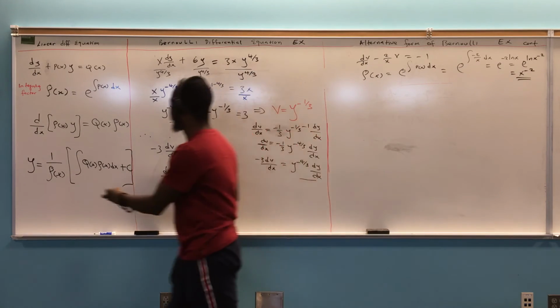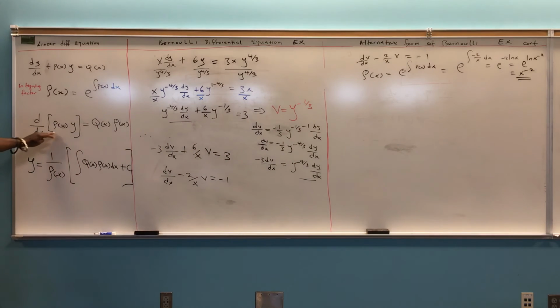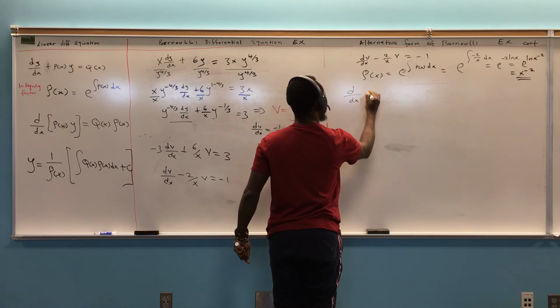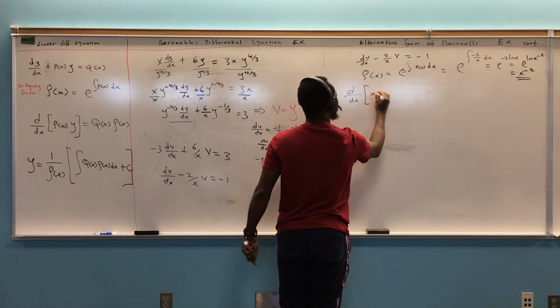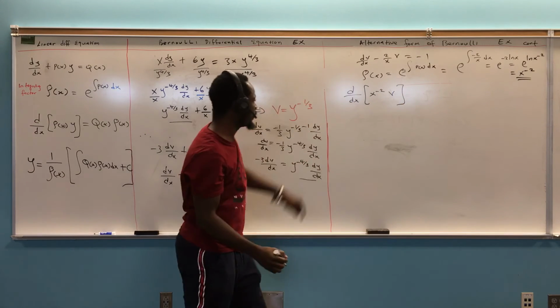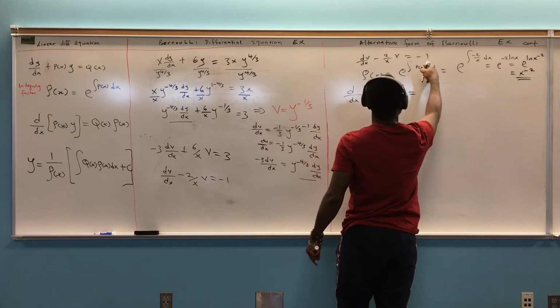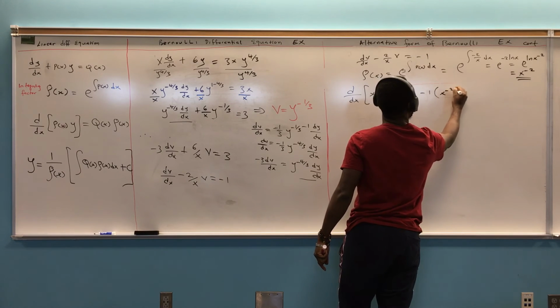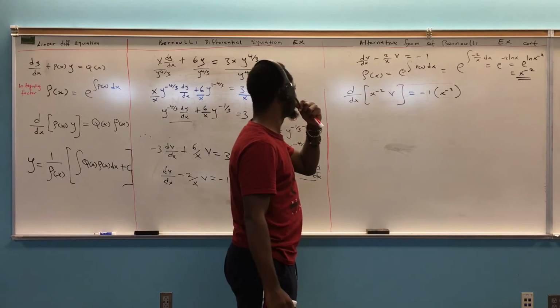So remember, d dx of integrating factor times dependent variable is equal to q of x times integrating factor. So d dx of integrating factor times the dependent variable, in this case v, is equal to q times integrating factor. Can you see that?